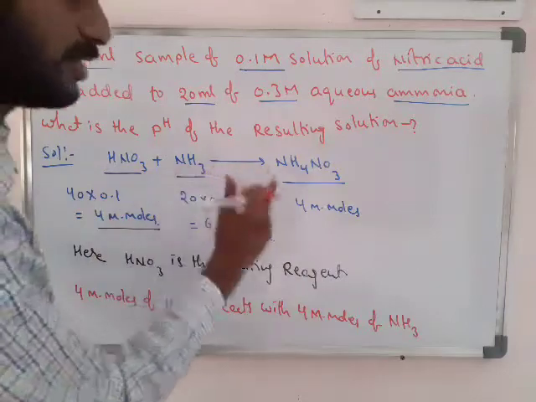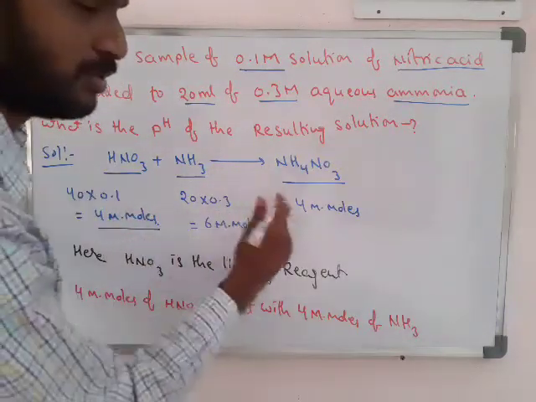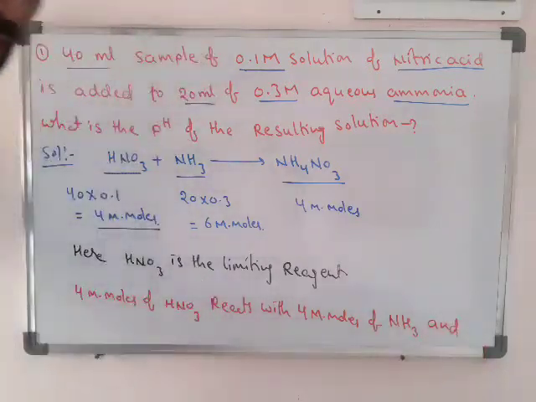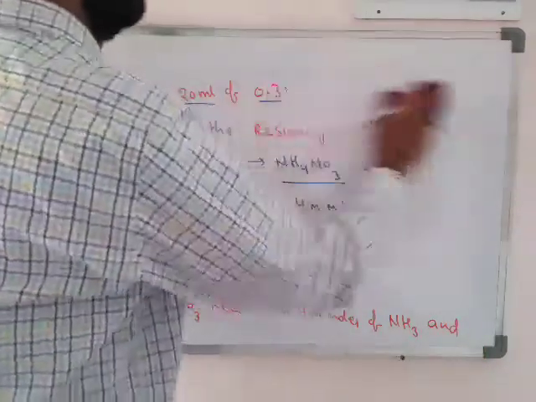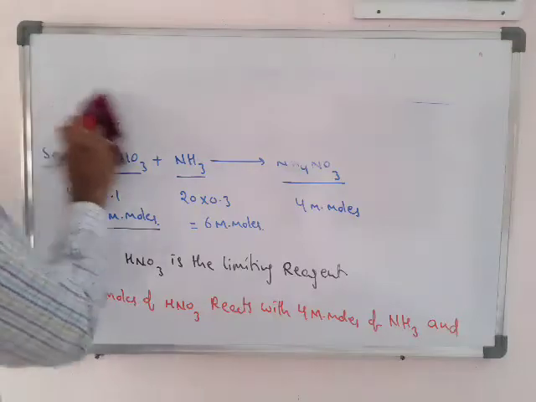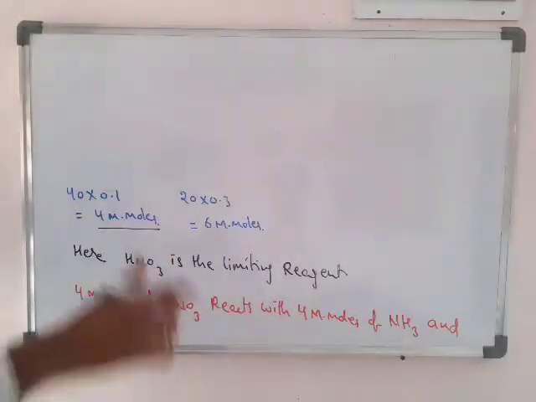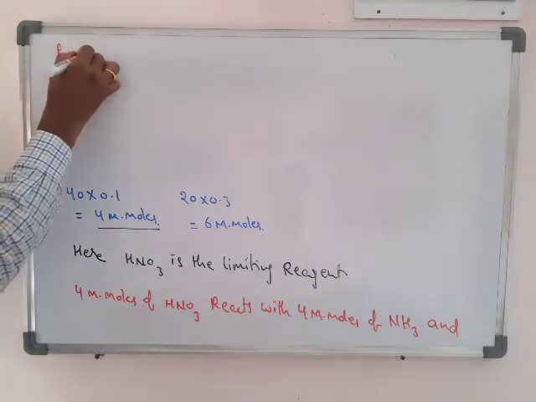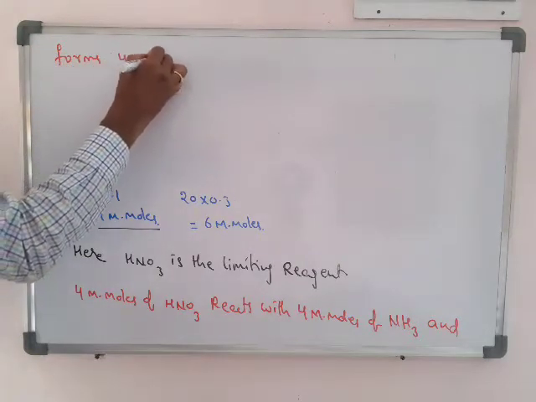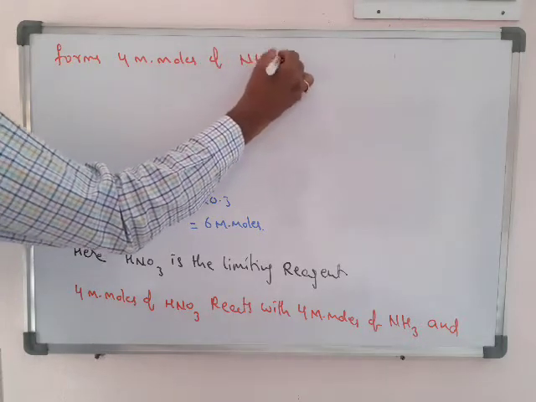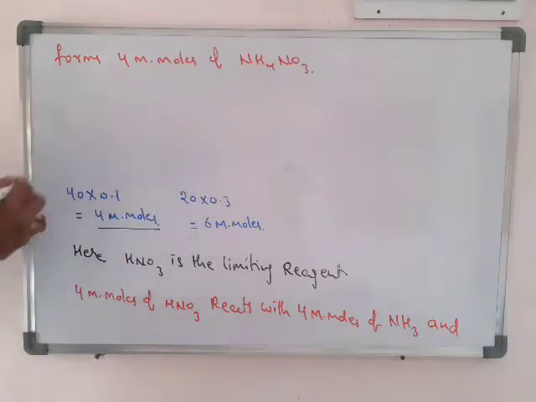They are 1:1:1, means 4 millimoles, 4 millimoles, 4 millimoles, and forms 4 millimoles of ammonium nitrate.